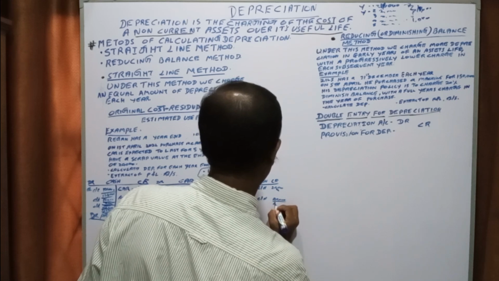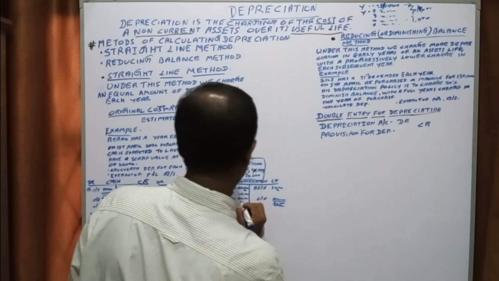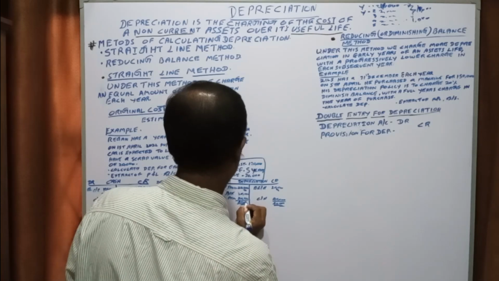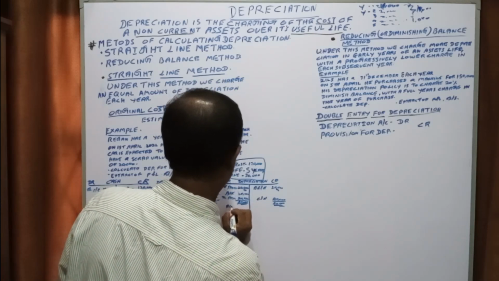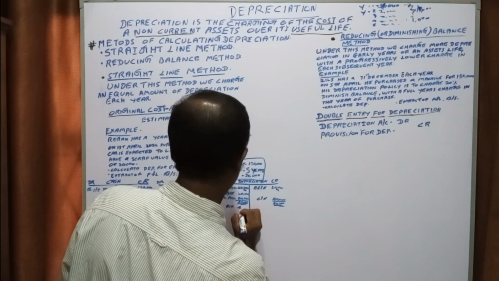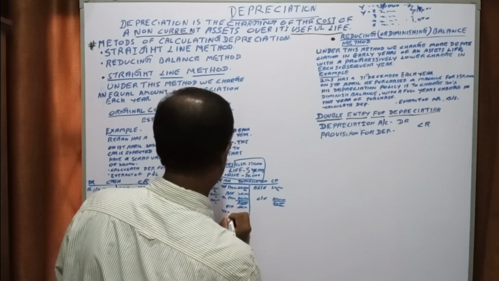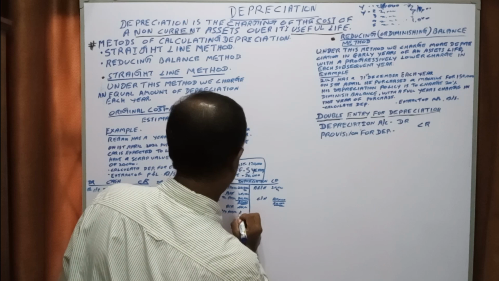Right. 40,000. Brought forward 40,000. Year 3 charge provision 20,000.